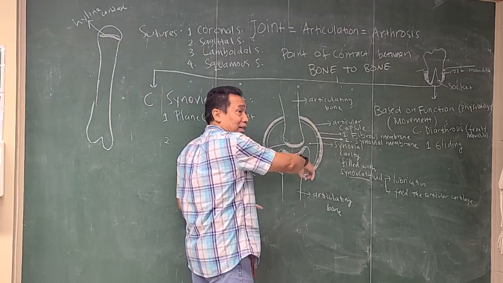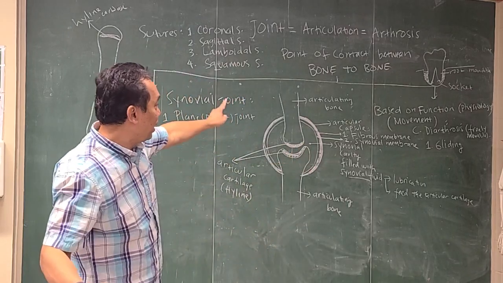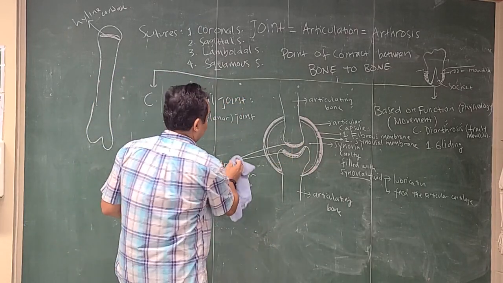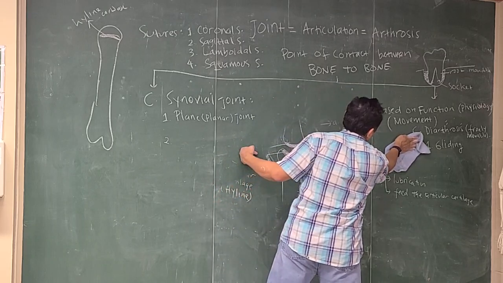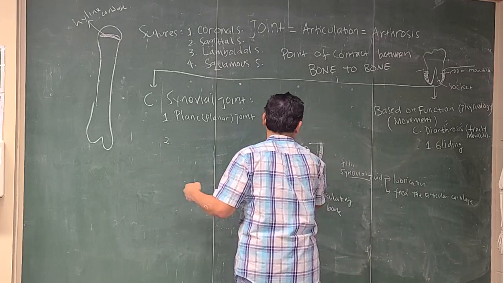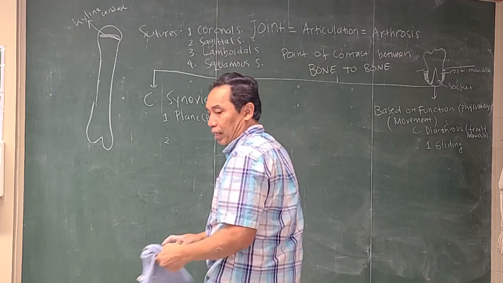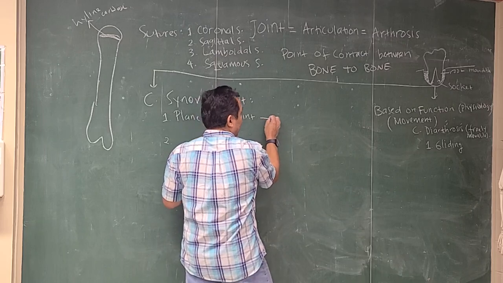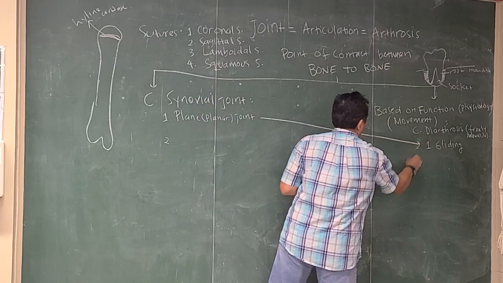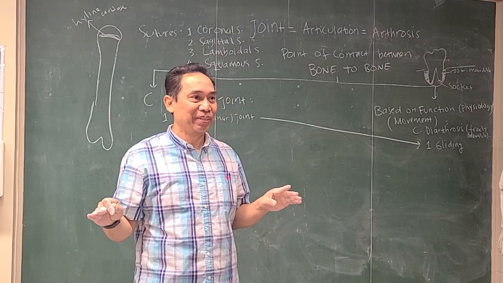So the plane or planar joint, all of them will give gliding. Should I erase this one? It's going to be confusing if I don't. So everybody can already draw this, right? I'm going to erase this. Okay. Now, the planar joints mostly will give a gliding type of movement, because it's flat.